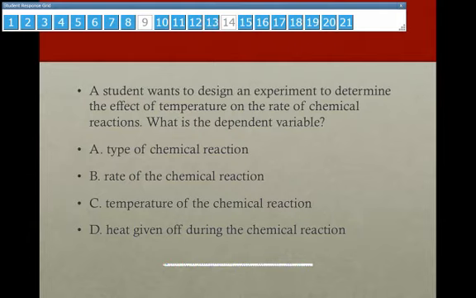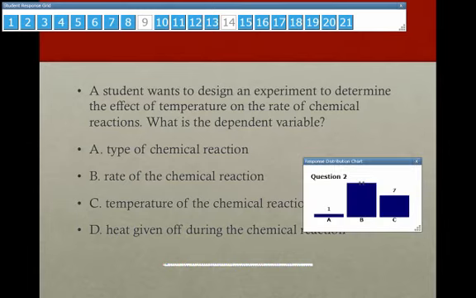Okay, answer is, we have some widespread answers here. B or C, the correct answer is B, yes. So dependent is the thing you're not manipulating, but it's changing based on what you're manipulating. So the student is manipulating the temperature, right?